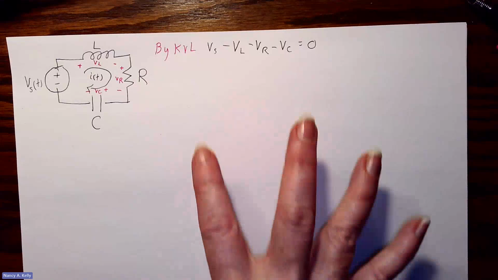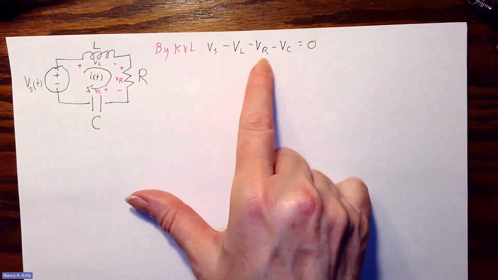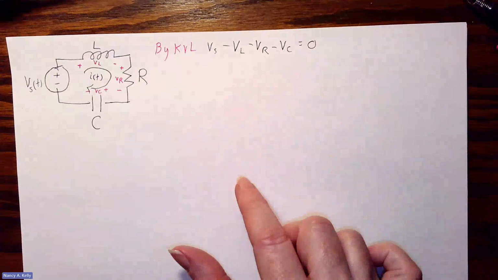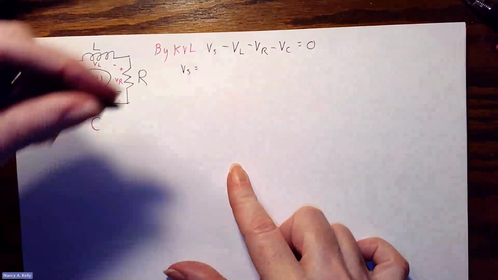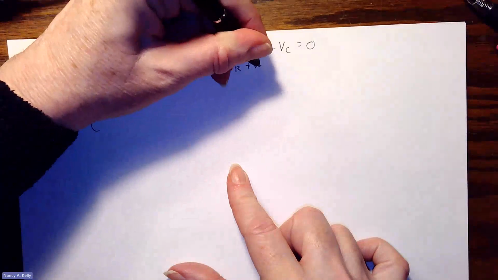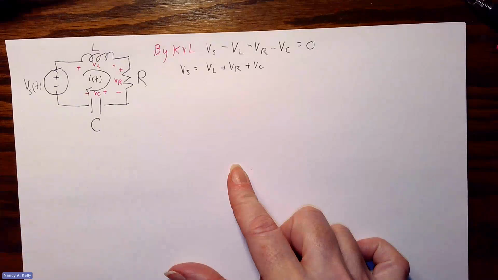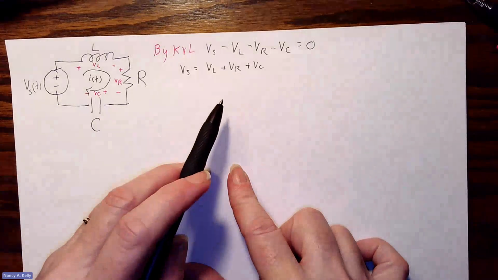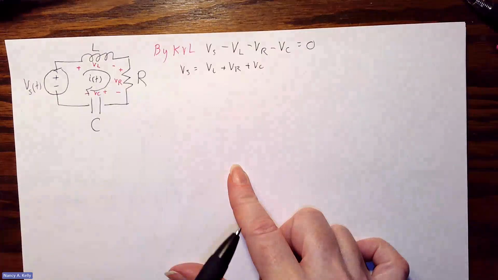So now we'll rearrange this so that all of the terms with minus signs in front of them are on the other side of the equation. So we have Vs is equal to VL plus VR plus VC. The current is the same in every element, so we can rewrite this equation where each term on the right side is expressed in terms of the current.